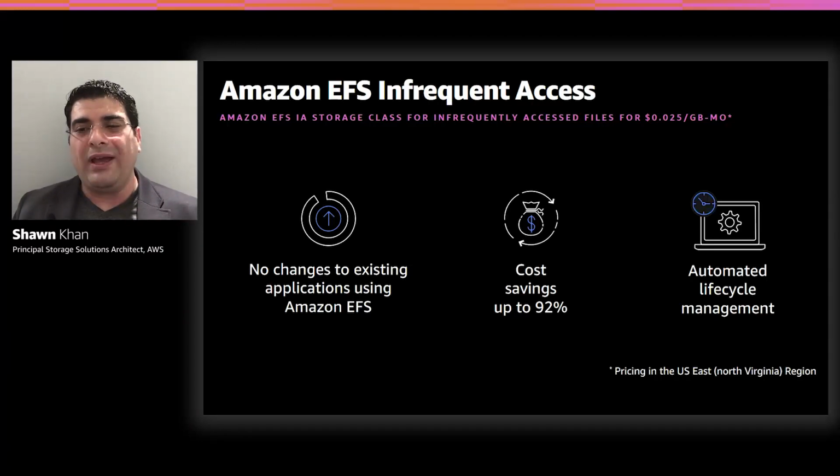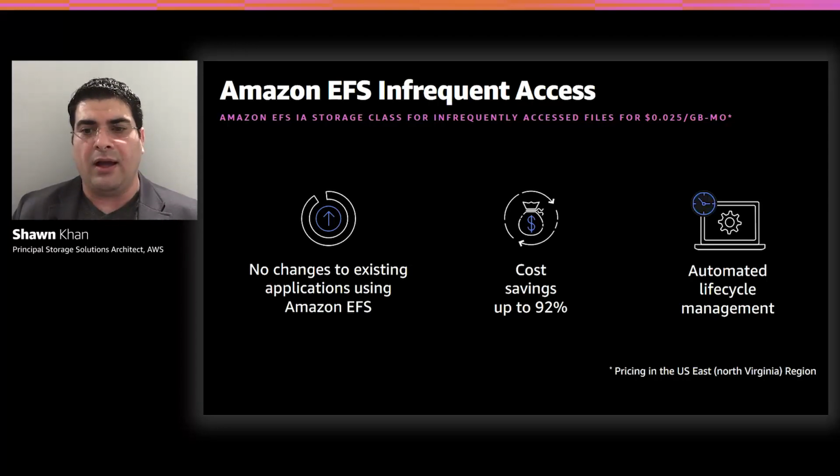The way the standard and infrequent access classes and lifecycle policies work is that the data is migrated in the background from the EFS standard class to EFS infrequent access. According to the lifecycle policies, which you can set anywhere from 7 days to 90 days depending on your workload needs.